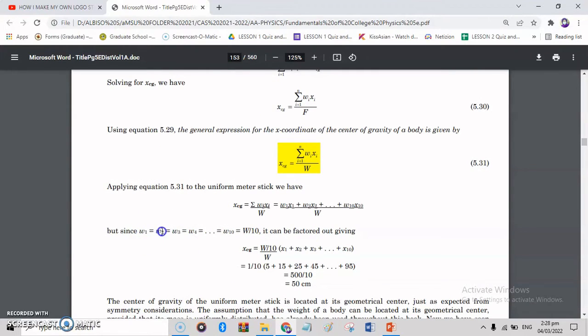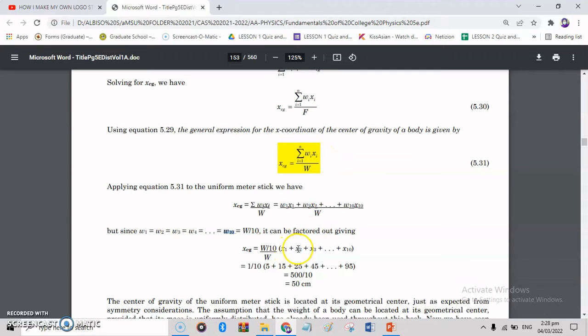Since W1, W2, W3, W4 are all equal, and you have W10, we can have the total weight divided by 10. It can be factored out, so W over 10, or simply, cancel the W, and 1 over 10 times the xi's.